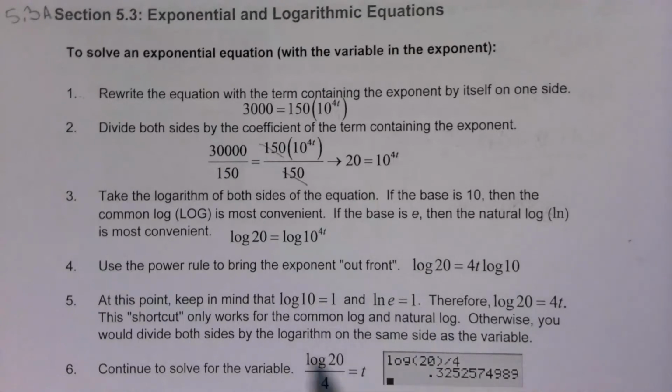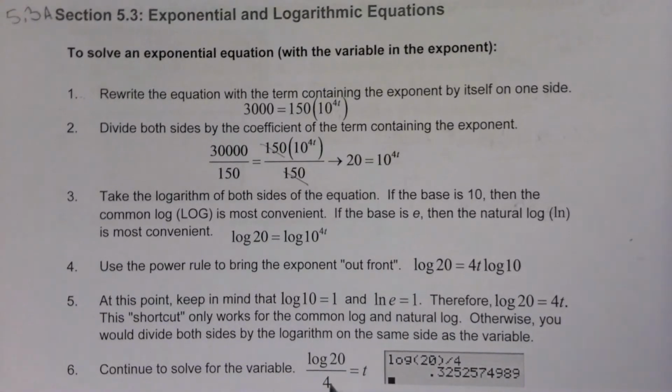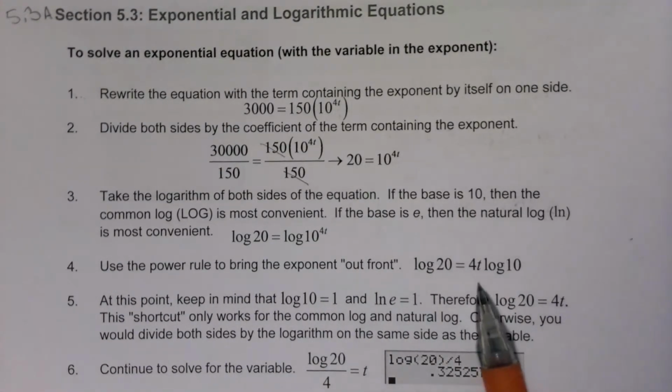Okay. Now, once we do that, the only thing we have to do is to divide by 4. And the log of 20 divided by 4 will give us our value of t that we want. And be sure when you put that in the calculator that you use your parentheses correctly.